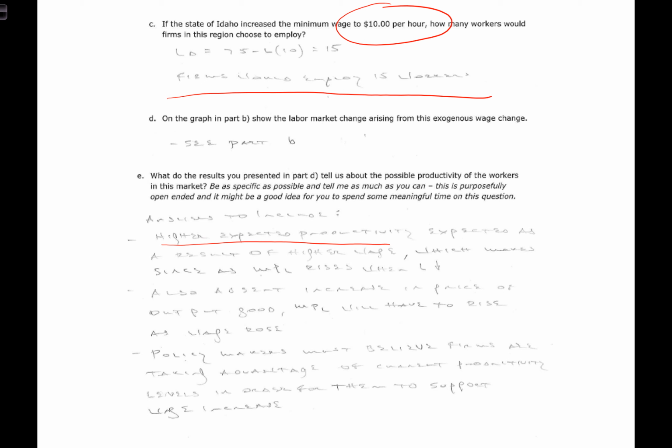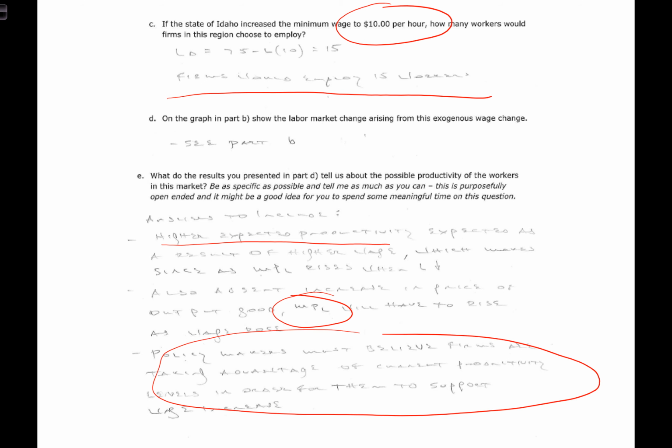We can expect people with greater skills, greater discipline, etc. Absent an increase in the price of the output good, the marginal product would similarly rise. Greater productivity leading to supporting the greater wage. And then we might say something about policymakers must believe that firms are taking advantage of current productivity levels in order for them to support these wage increases.